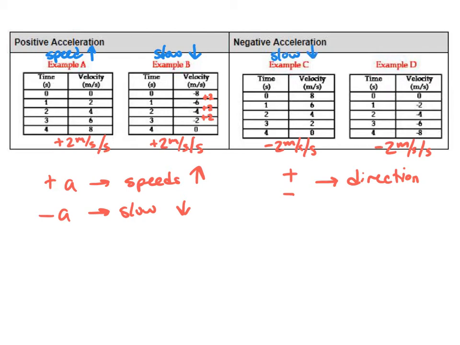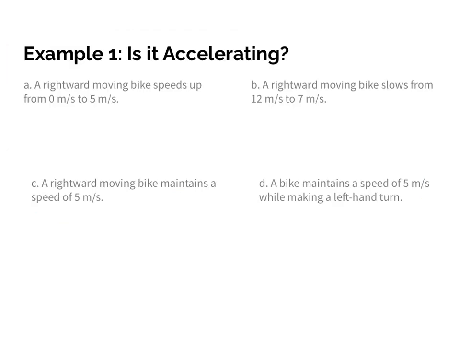So a negative acceleration resulting in slowing down, but in example D, a negative acceleration causes me to speed up. So the key thing to always think about is that positive or negative attached to that number always indicates direction, not the resulting motion. We should be able to see what happens to the motion, but positive and negative are always going to refer to direction.